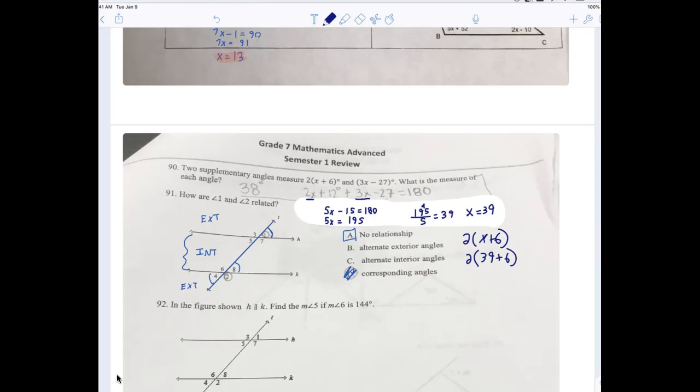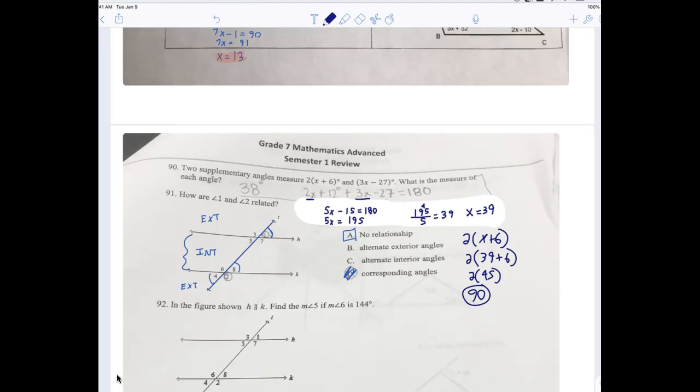What's 39 plus 6? 45. That's right. And then 2 times 45 is 90. So one angle is 90.